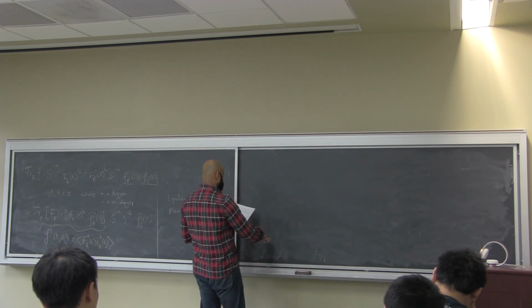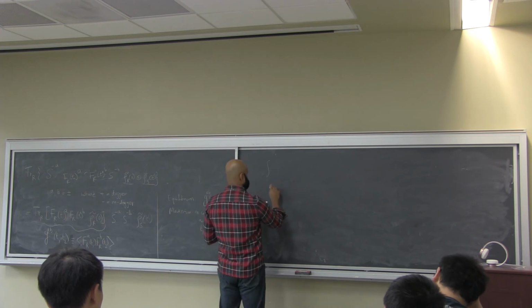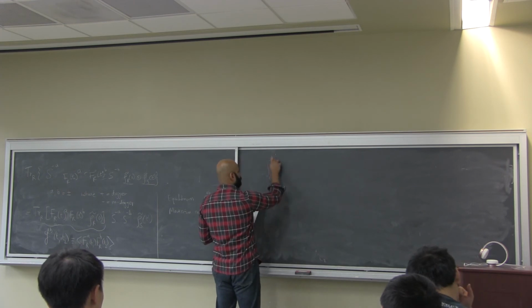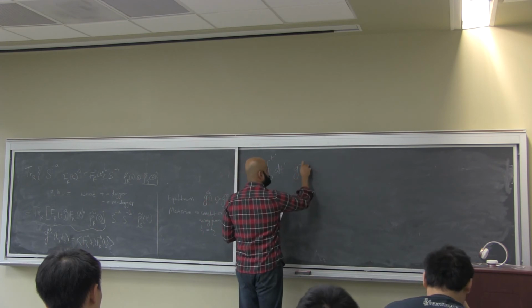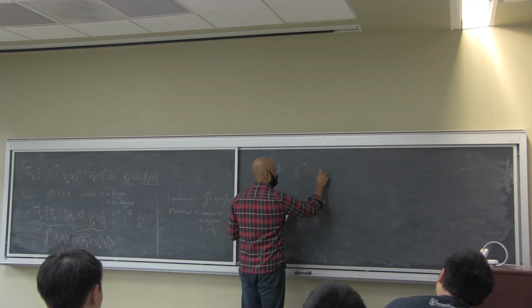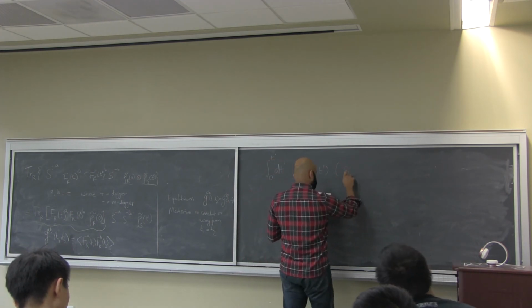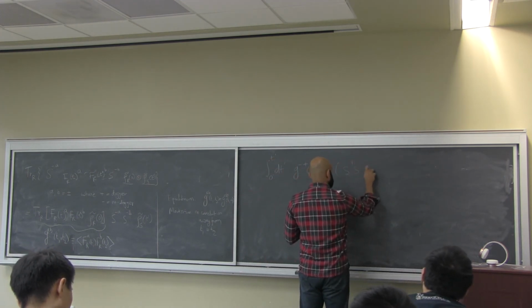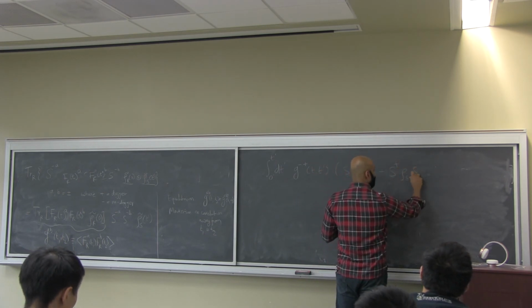A typical term in this expansion, let's say, is the integral from 0 to t dt prime, and then I have g minus plus of t prime times s dagger s rho s minus s dagger rho s s.